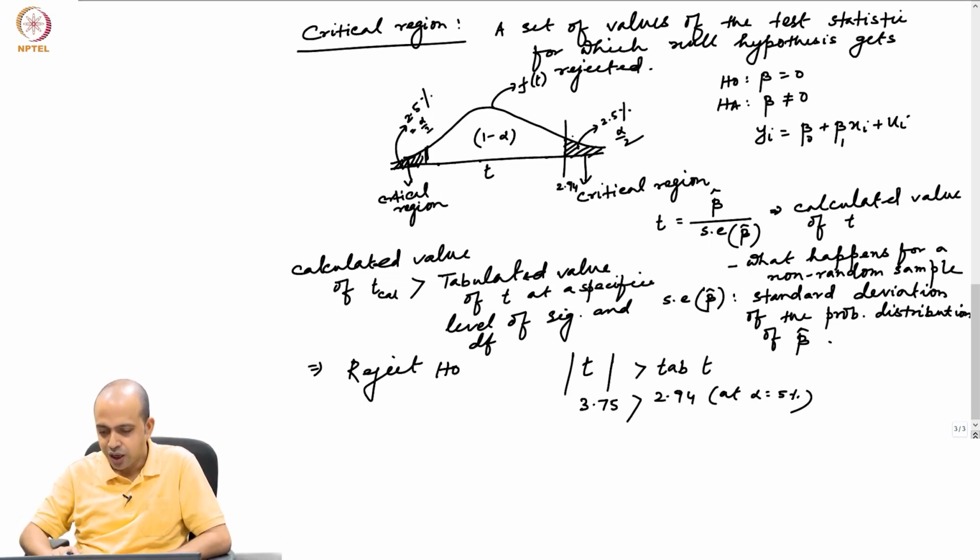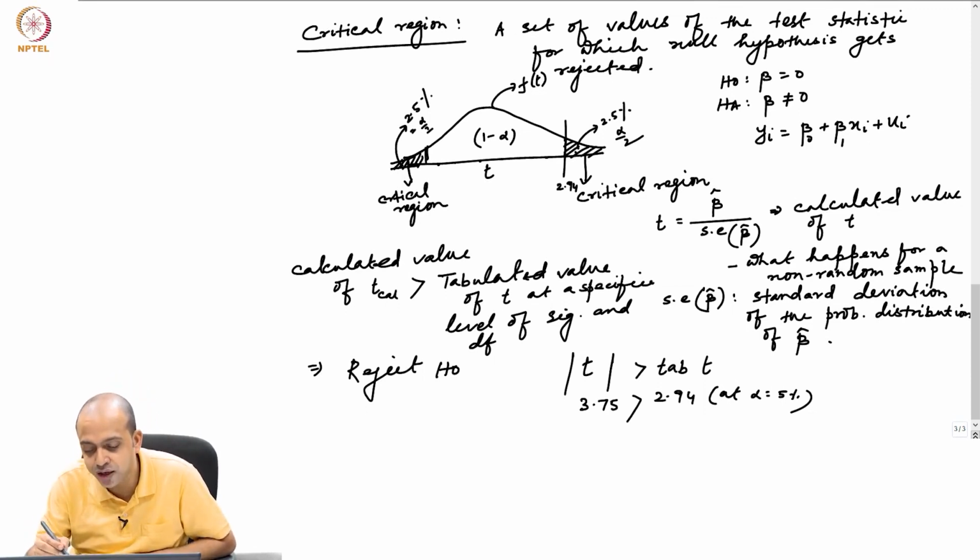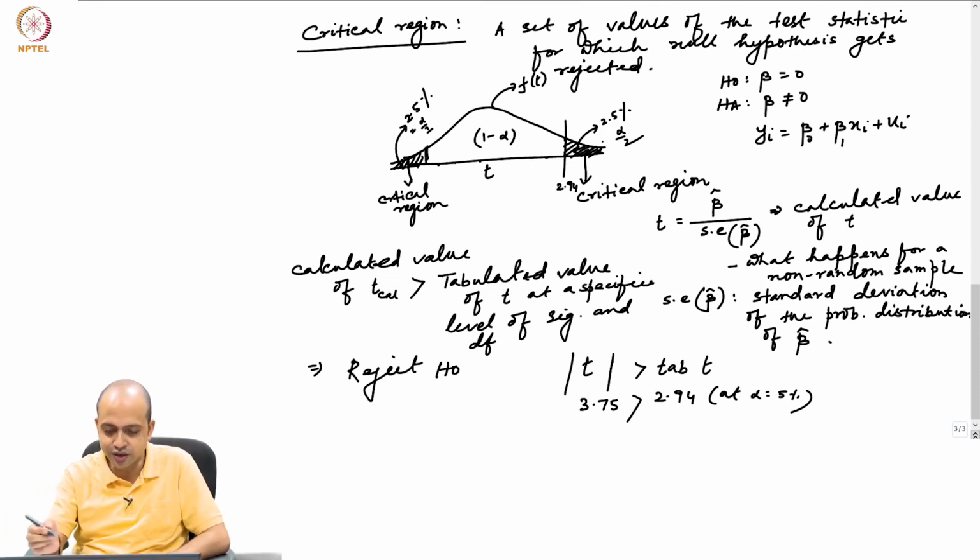Since 3.75 is greater than 2.94, you are actually entering into this critical region, either this side or this side depending on the sign, but your decision making rule would be the same.